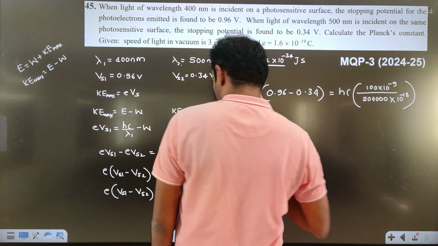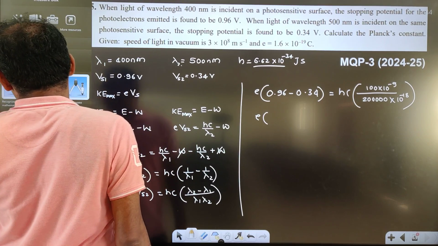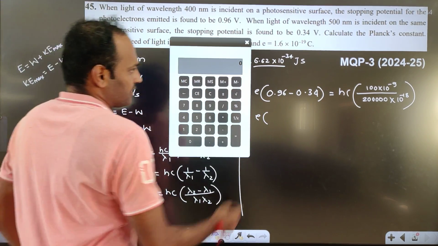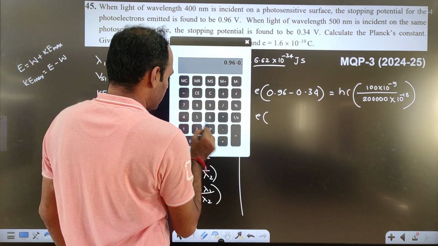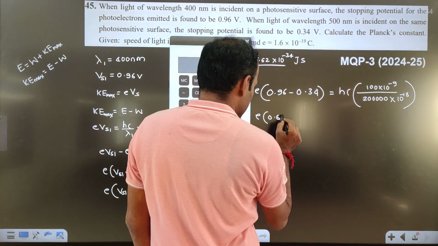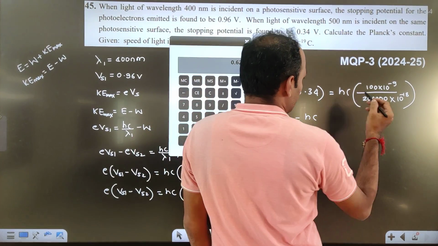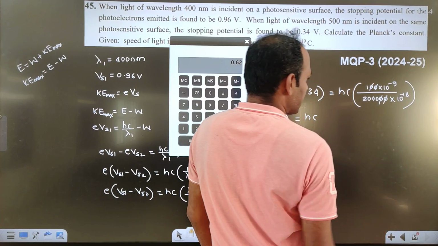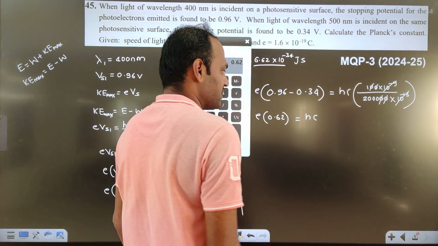We will simplify this. Okay, so we'll get it like this. See, it is 0.96 minus 0.34, 0.62. So this is 0.62, into hc. So what I will get is 00 from here, 00 from here will get cancelled. 10 to the power minus 9 from this and 10 to the power minus 9 from this will get cancelled.